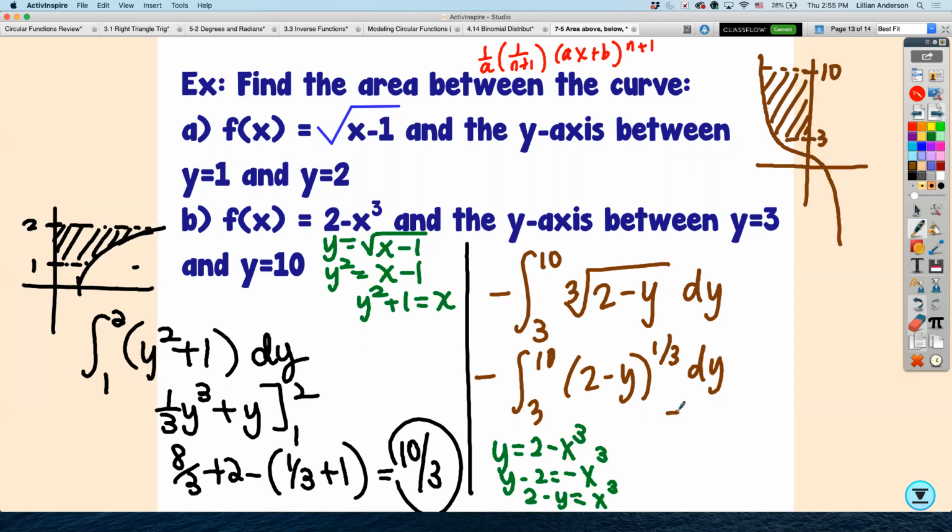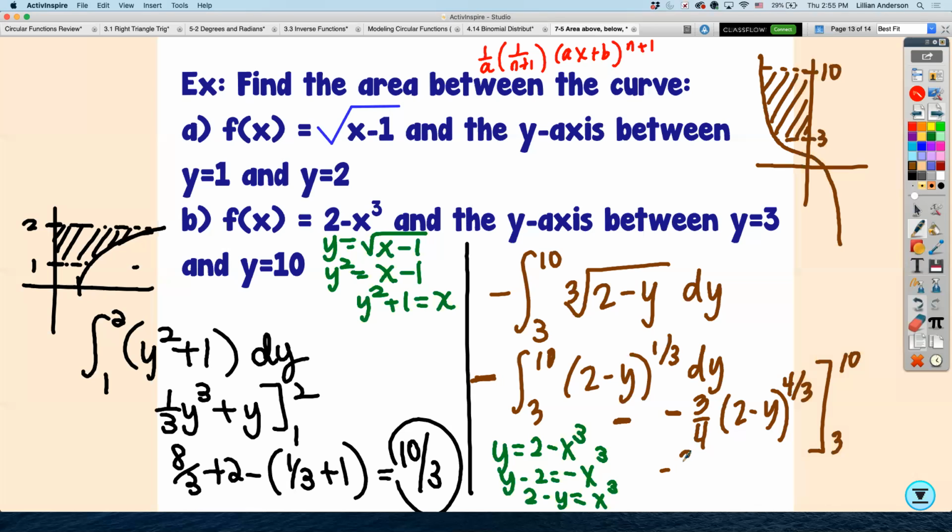Well, n plus 1 is 4/3, so 1 over 4/3 will be 3/4. Then you have your linear factor raised to the n plus 1, which is 4/3. And I'm going to evaluate that from 10 to 3. This negative came from 1 over a. I still have a negative in the front, so I'm going to keep that in mind as I'm still doing the evaluating of the limits.